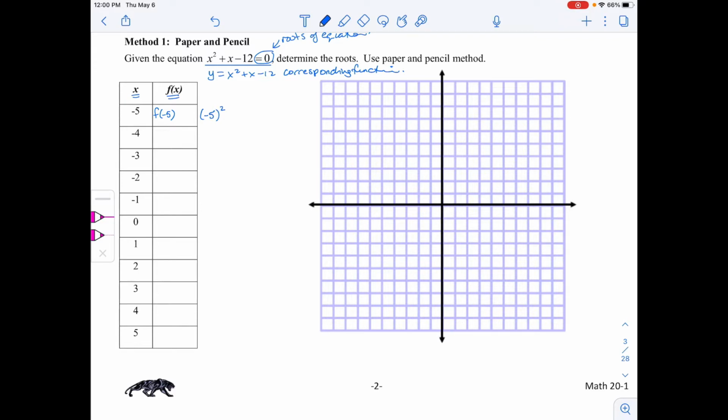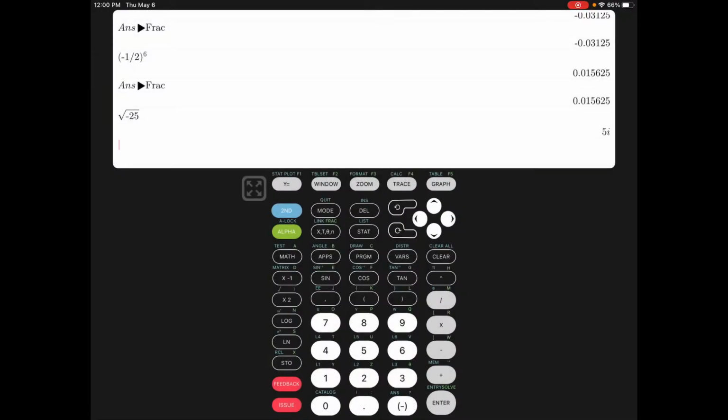So I've got -5 all squared plus -5 minus 12. And I can, of course, solve that. I could do that by hand. I'm going to use my graphing calculator, okay? I'm going to use my TI-83 that I've got, or TI-84 rather, that I've got downloaded. So I'm going to put a -5 squared plus a -5 minus 12.